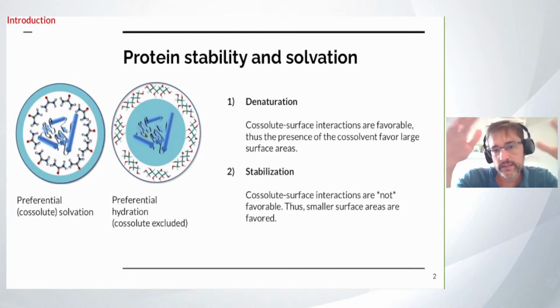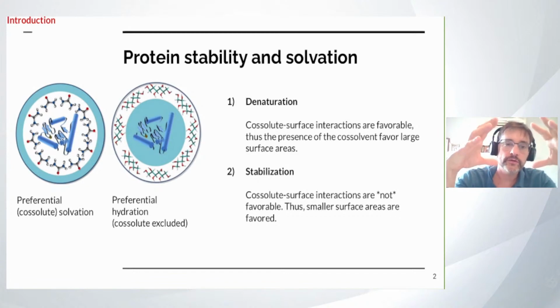In these situations, we say that the protein is preferentially solvated by the co-solute of the solution. For example, by urea. Urea is a type of co-solute that interacts strongly with the surface of the protein. On the other side, there are co-solvents whose interaction with the protein surface is not favorable. Therefore, the protein remains preferentially hydrated.